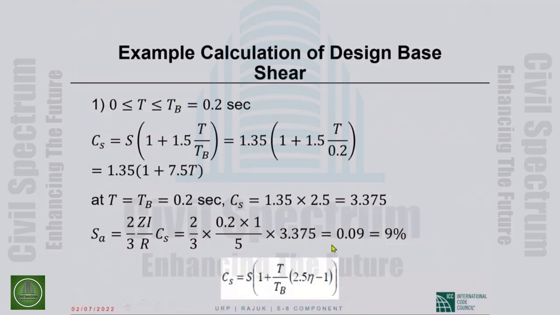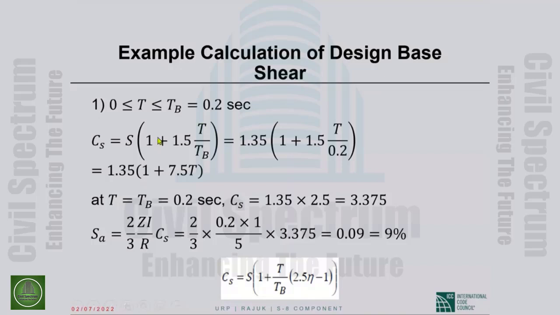For the first branch, this is the equation. If you go back, you'll see the same equation. We will take eta equal to 1 for 5% of critical damping. So that will make the equation S times 1 plus (2.5 eta minus 1), which would be 1.5, times T over T sub B. This is the same as that with eta equal to 1.